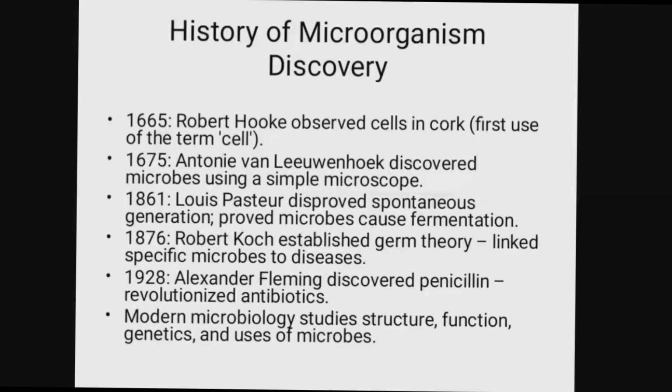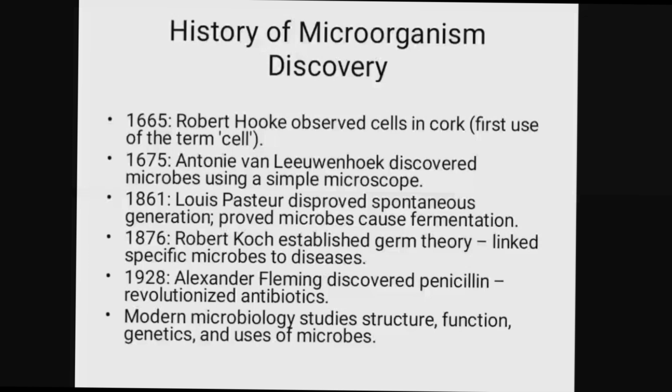So he discovered something. There is a disease called anthrax, and a specific microorganism called Bacillus anthracis was responsible for causing anthrax. So he built on that germ theory to prove that specific microbes cause specific disease. All right.